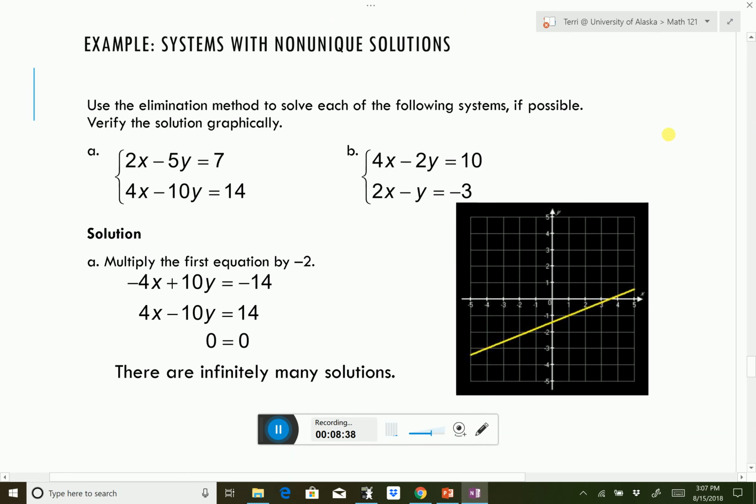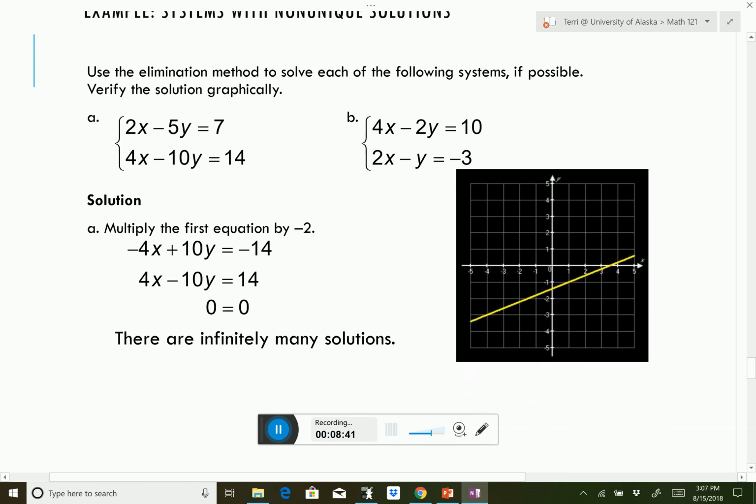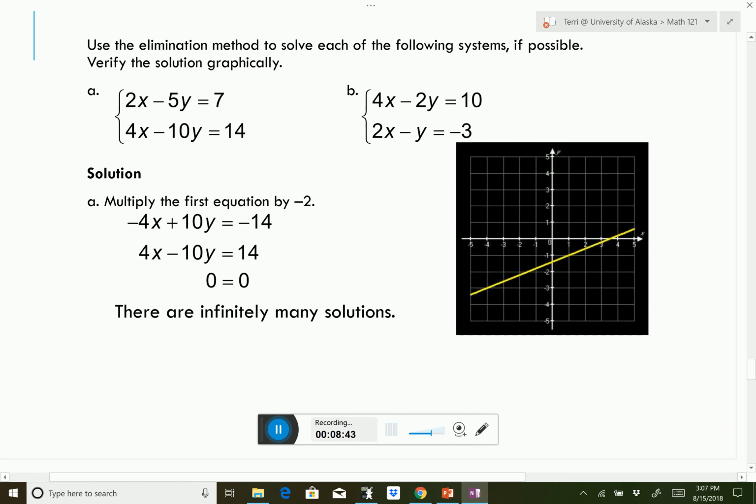So let's see what happens when we have solutions, what these are going to look like. Let's use the elimination method on this A problem right here. If I look at this, multiply the first equation by -2. -4x plus 10y is -14.